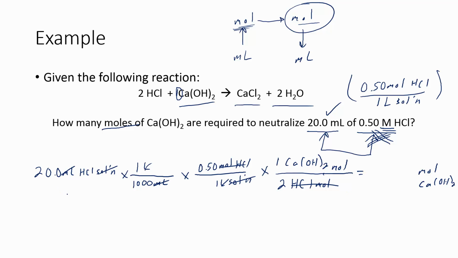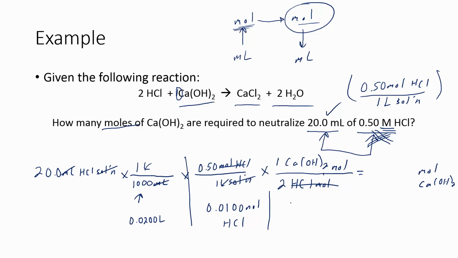Excellent. All right, so 20 divided by 1,000. After this calculation, I'm at 0.0200 liters. Okay? Times 0.5. So right here, I get 0.100 moles of HCl. Okay? 1 calcium hydroxide for every 2 HCl's.